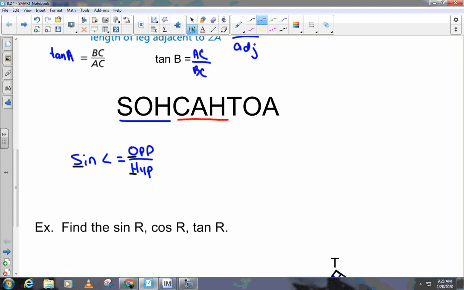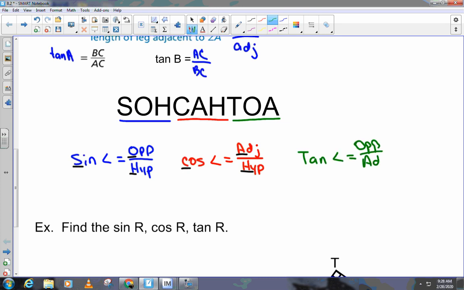Cosine. The cosine of the angle is adjacent over hypotenuse. So cosine is adjacent over hypotenuse. And then our tangent of the angle is opposite over adjacent.